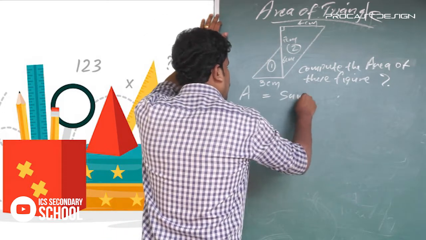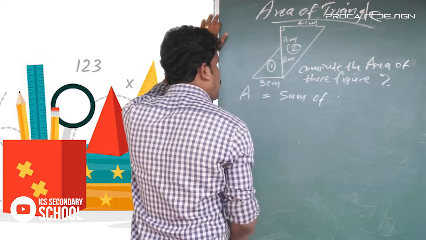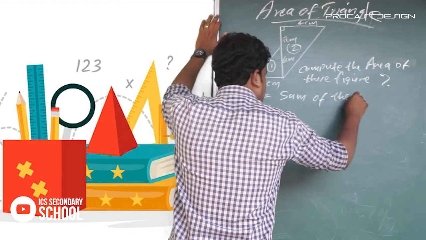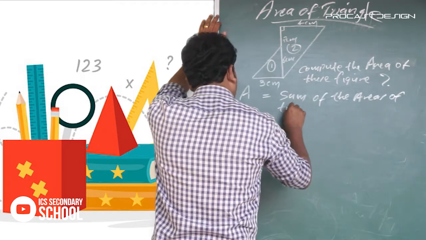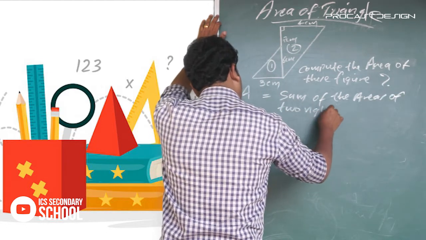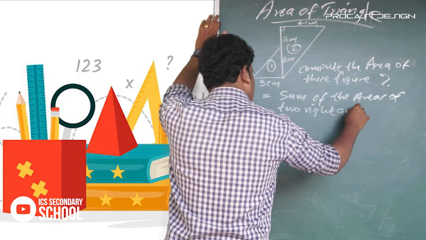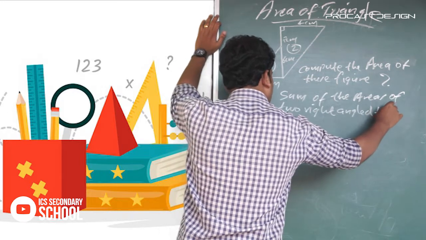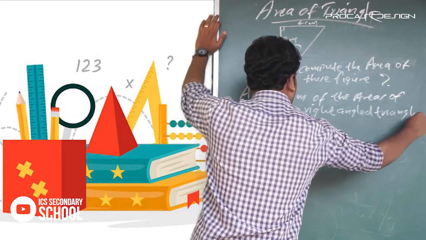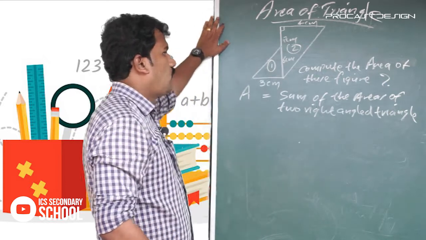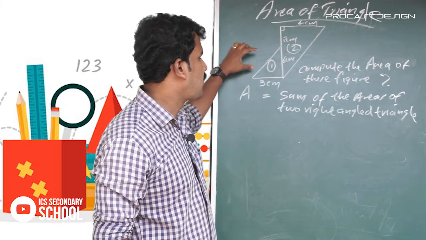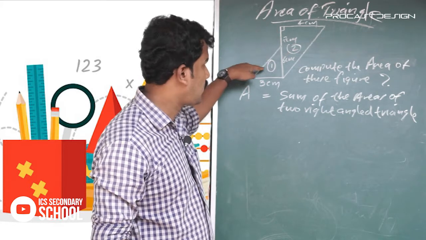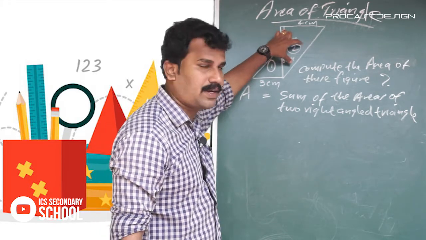So the area of the figure means the sum of the areas of two right angle triangles. This is the first right angle triangle and this is the second right angle triangle.